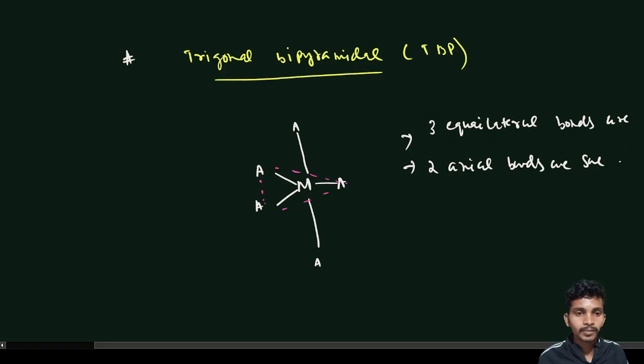Okay, so now if we talk about the point groups, what point groups are present here? If we pass an axis through A and B, then these get replaced, so there are 3 C2 axes, and a C3 axis is there.